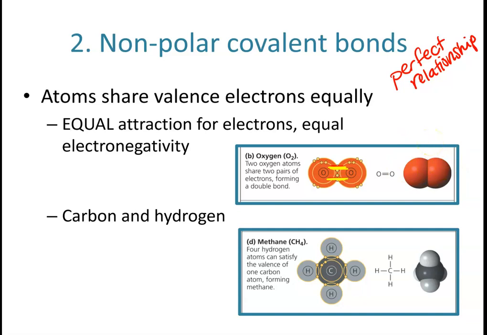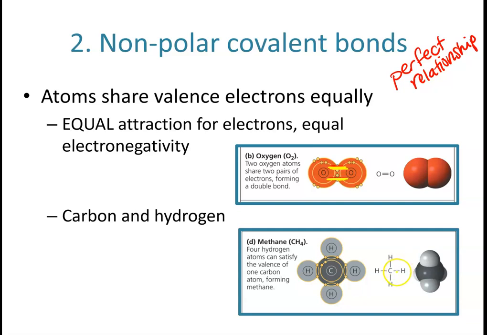Now, the other biologically important nonpolar covalent relationship is carbon and hydrogen. Carbon and hydrogen are on different sides of that periodic table, but their electronegativities are very, very similar. So carbon and hydrogen are pulling electrons with the same electronegativity, the same amount of attraction towards its nucleus.